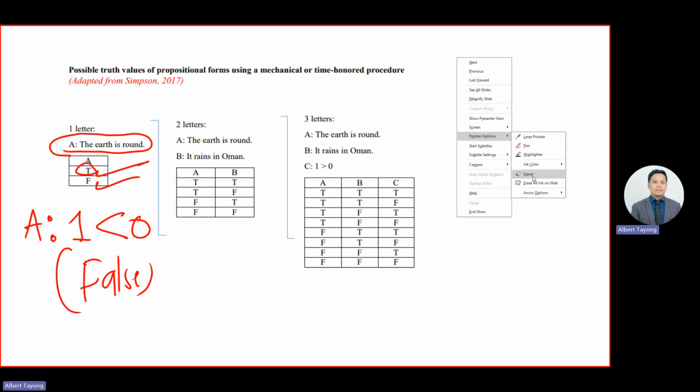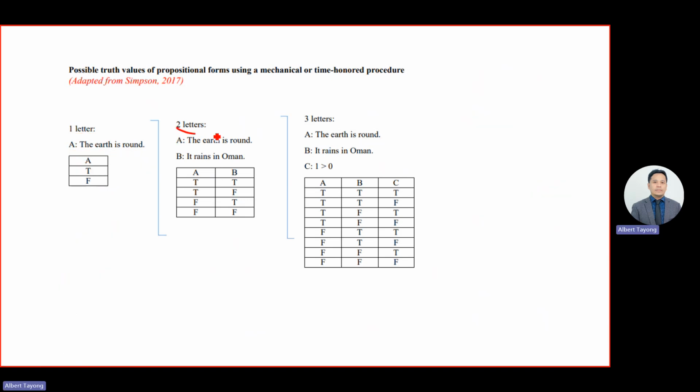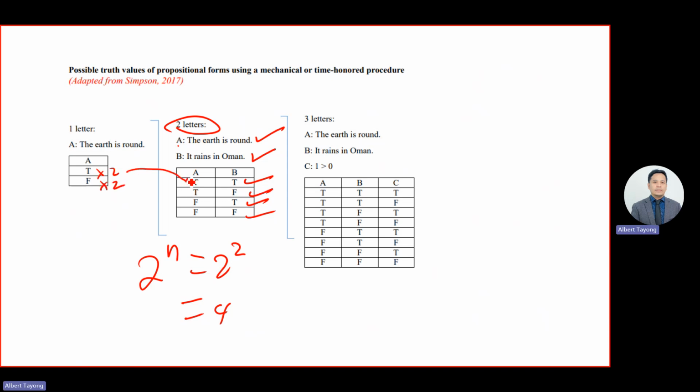Now for the second one, here we have 2 letters, A and B, 2 propositions. The first one is the earth is round and it rains in Oman. So there are 4 possibilities: 1, 2, 3, 4. The first column is TTFF. We multiply this by 2, so we have 2 T's and 2 F's. And the last is always true, false, true, false.